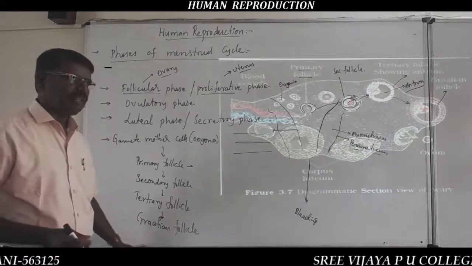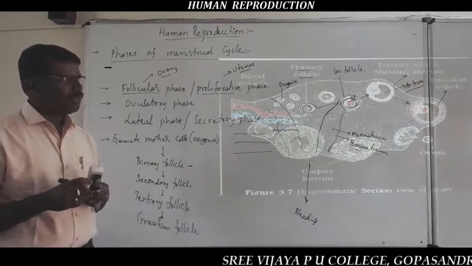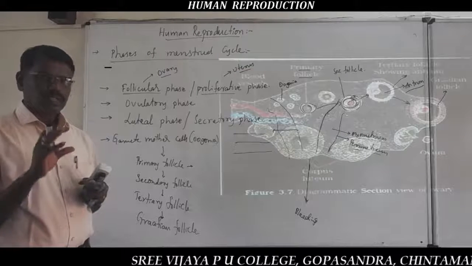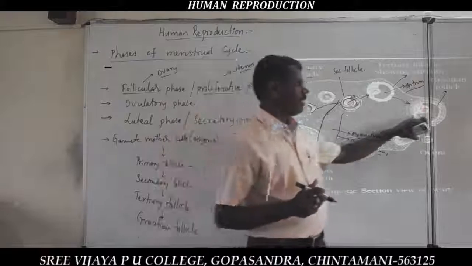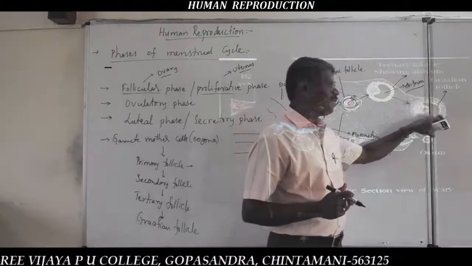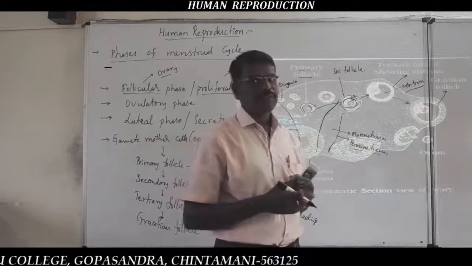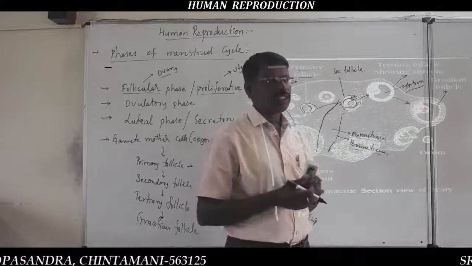The Graafian follicle is characterized by the presence of the secondary oocyte, which is covered with certain layers of cells, the corona radiata and zona pellucida. It is present around the egg or ovum in future.